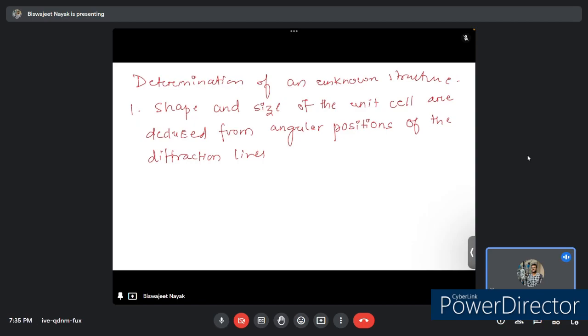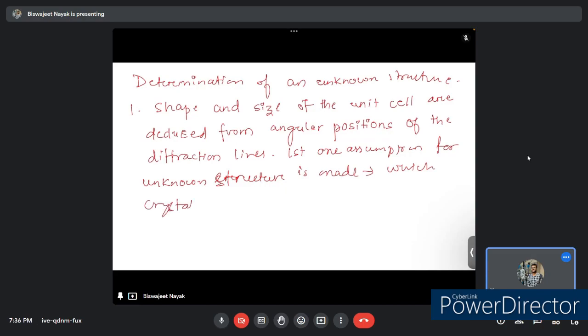First, the shape and size of the unit cell are deduced from the angular positions of the diffraction lines.